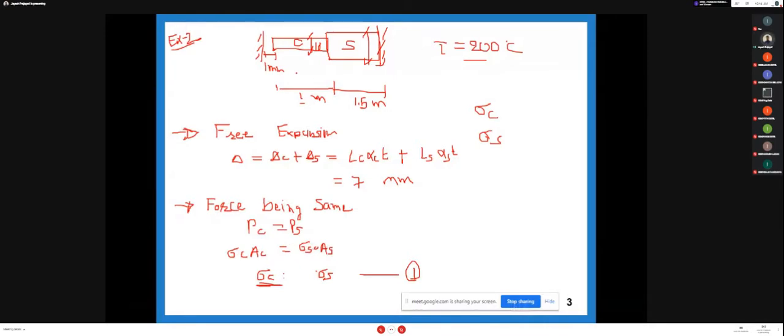Now the diameter of both the bars is available here. The copper is 10 mm and steel is 15 mm. So just put this area equation here, pi by 4 d square, and simplify this equation in terms of stress. So stress in copper is equal to how much stress in steel? This is the area of steel divided by area of copper. So calculate this ratio, because for both the materials your force will be the same. 6.25?